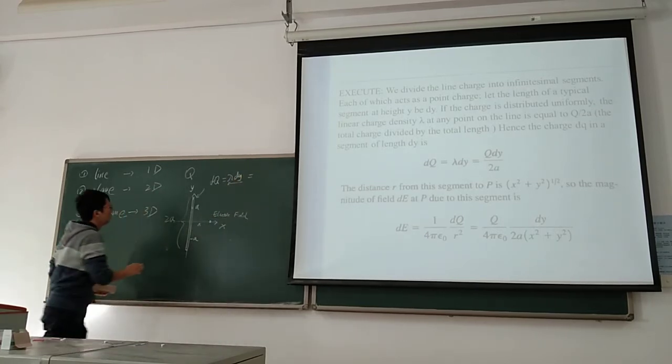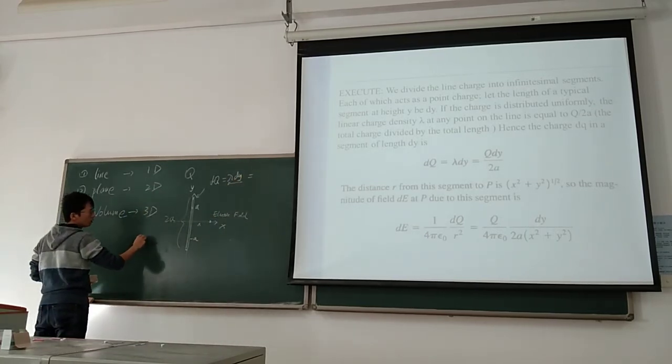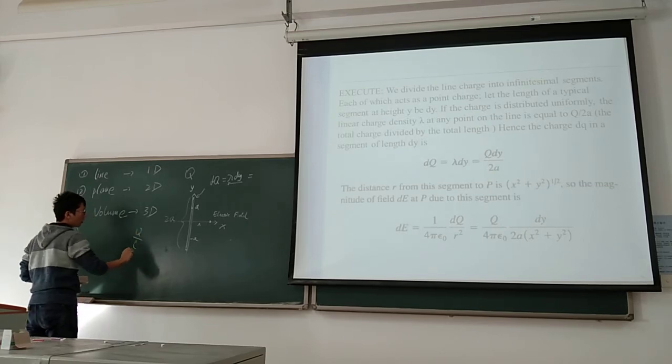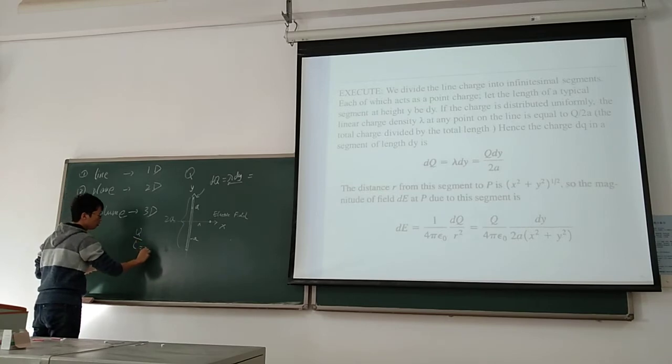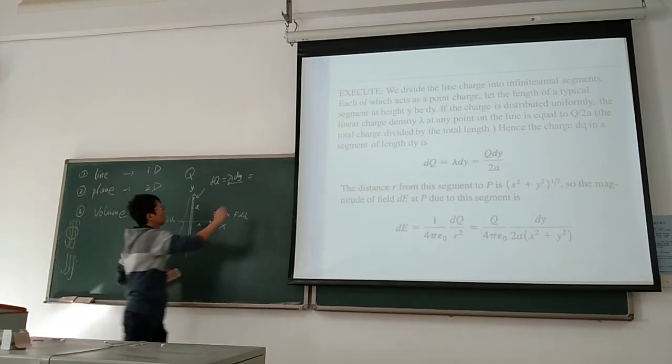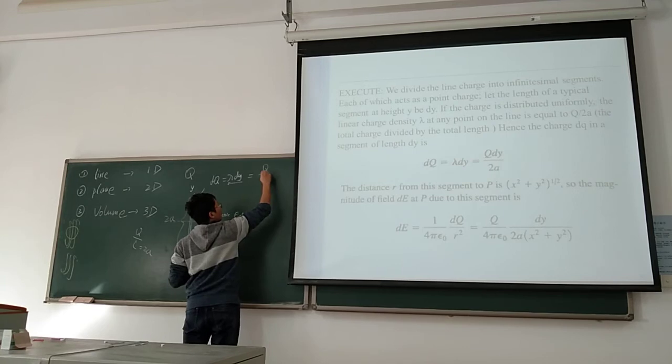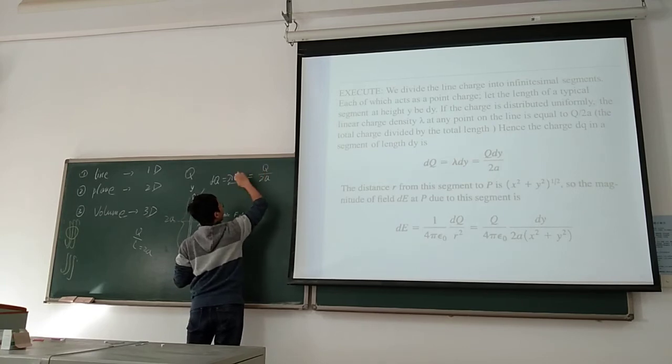The lambda we already know equals Q over L. In this situation, the L of this line equals 2a, so lambda equals Q over 2a.